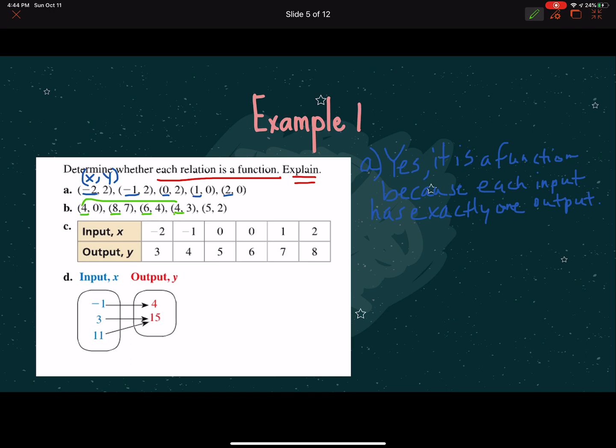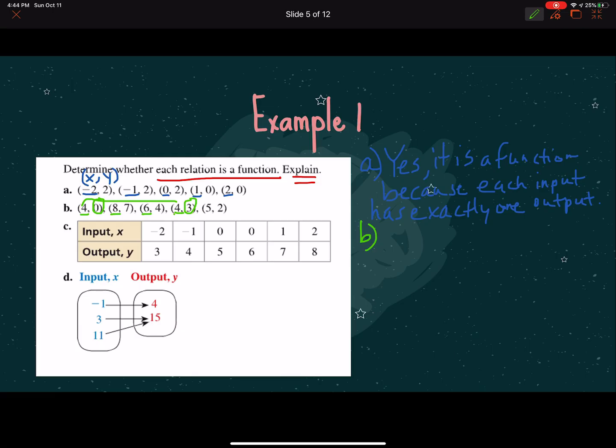Yes. So this is telling me that 4 is being paired with 0 and it's being paired with the value 3. Can that still be a function? We understand it's a relation, but can it be a function if the input 4 is paired with more than one output?